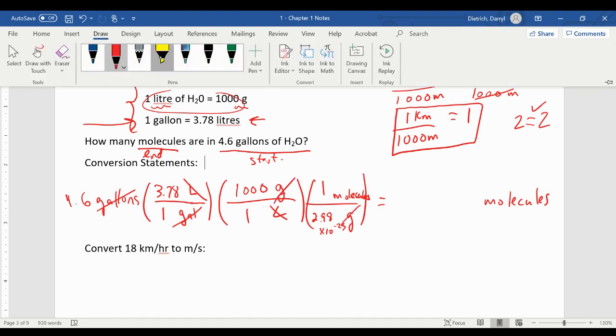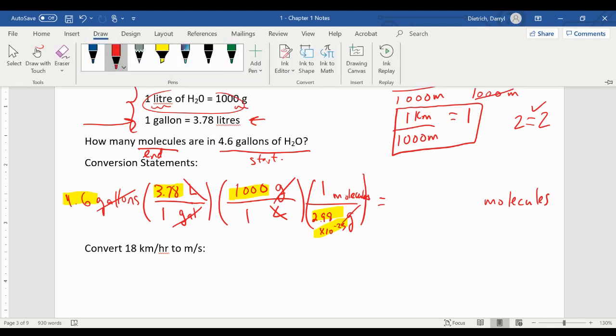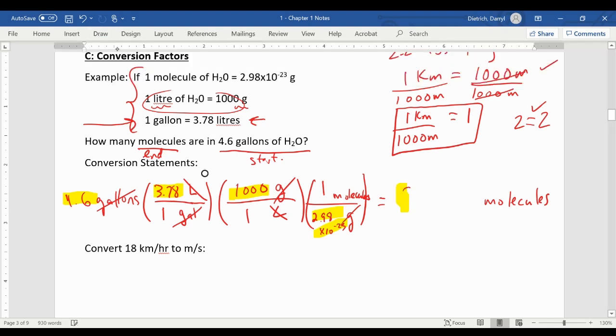And with this, now you're going to plug and chug in your calculator: 4.6 times 3.78 times 1,000 divided by 2.98 times 10 to the negative 23. And the answer that you should get out of that is 5.98 times 10 to the 26 molecules, which makes sense, right?